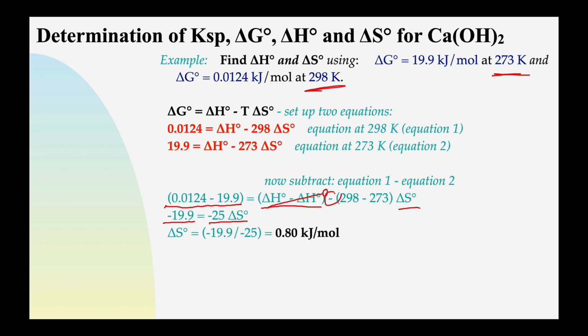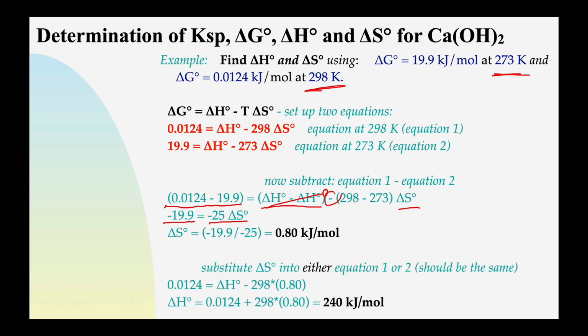Now to find delta H, you can plug it back into either equation, either the hot one, which is what I'm going to show you, but you could also do it for the cold one, the 19.9. So I'm going to use the hot one here. This equation is just like the first one up here.